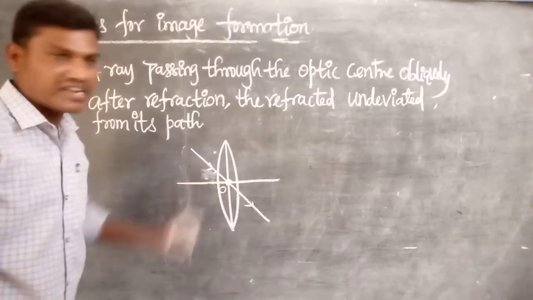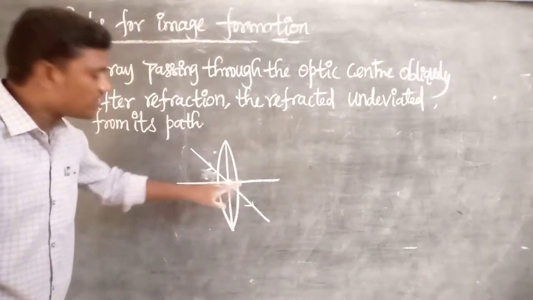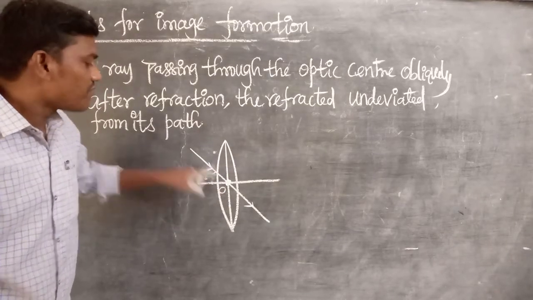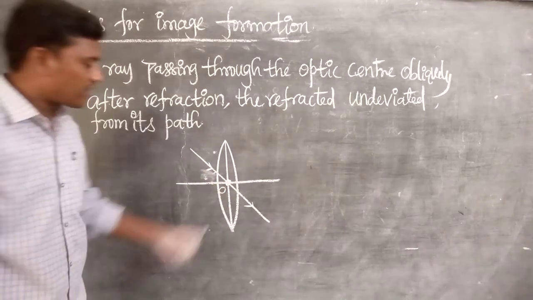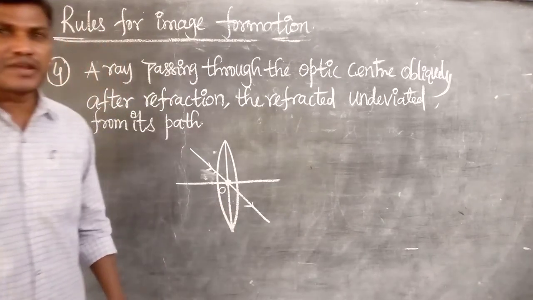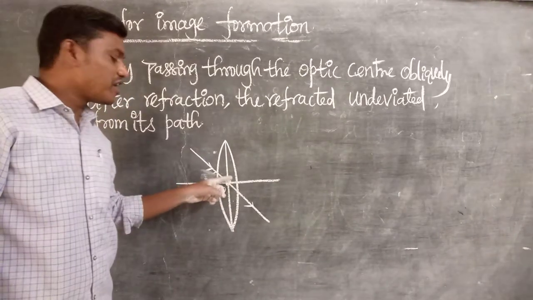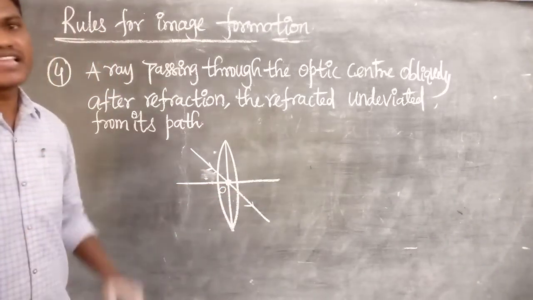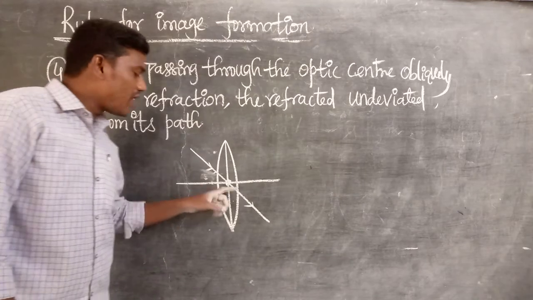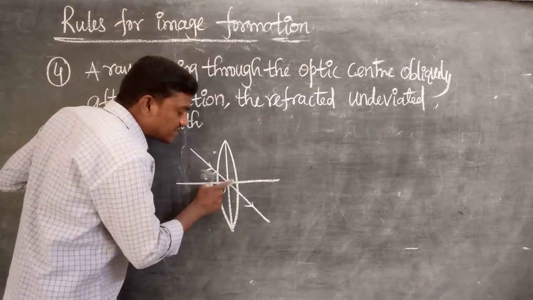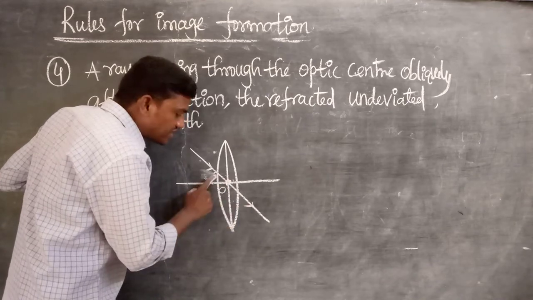No, it is deviated. But the deviation produced by the lens when it is passing through the optic center is very less, that is 0.01 millimeter. That's why you are not able to perceive that deviation, or you neglect that deviation. Due to that, you consider that if the ray passes through the optic center obliquely, it is undeviated from its path.